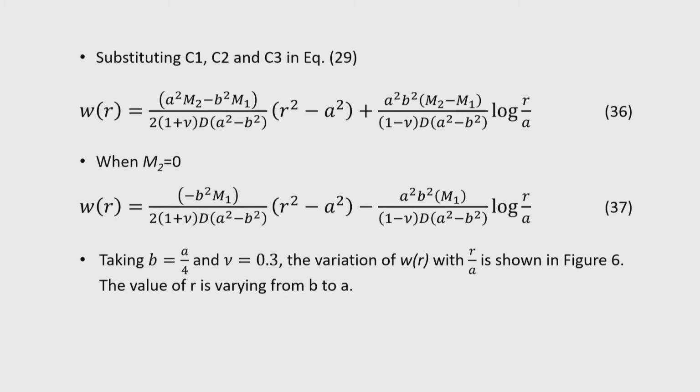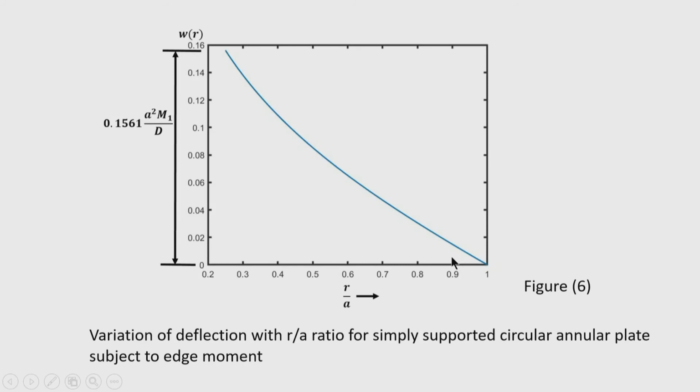The variation of W r with r by a is shown in this figure 6. Here 0 is the center and this is the outer radius. So, the variation of deflection with r by a ratio for a simply supported circular annular plate subjected to edge moment is shown only for this edge moment m 1.